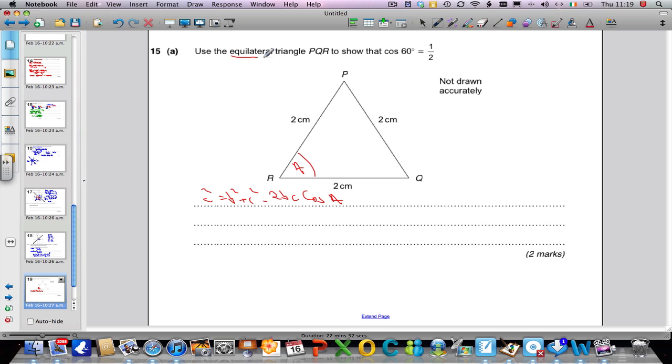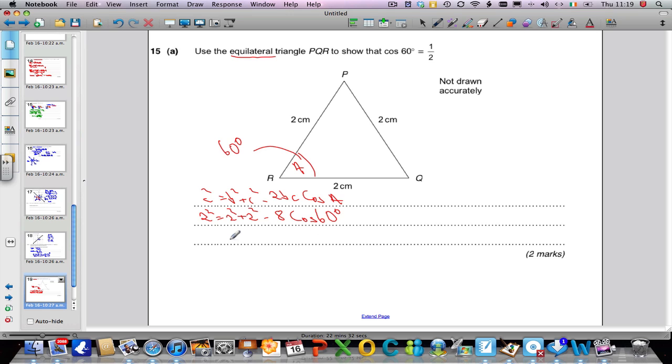Just to let you know as well, it's an equilateral triangle, which means that A must be 60 degrees. So we get 2 squared equals 2 squared plus 2 squared minus 2 times 2 times 2, so minus 8 cosine 60.